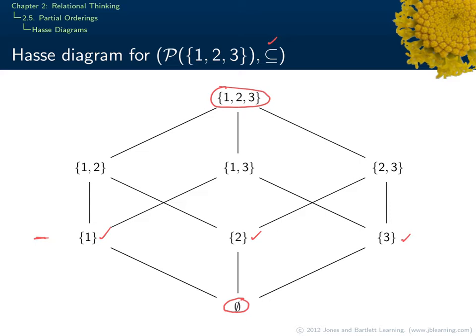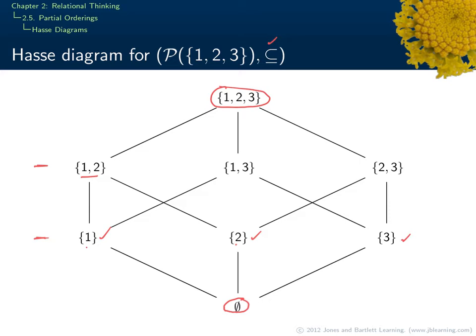And now we ask ourselves, what are the immediate successors of the sets {1}, {2}, and {3}? Well, the immediate successors will be these sets that have 2 numbers in them. So both {1} and {2} are subsets of the set {1, 2}.